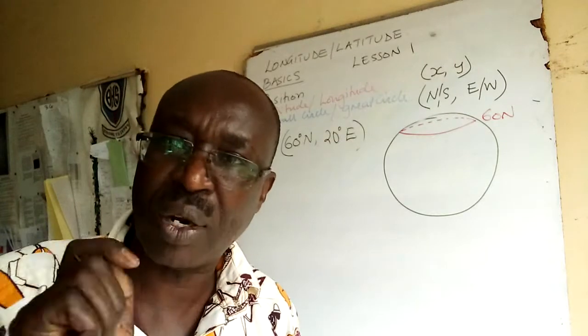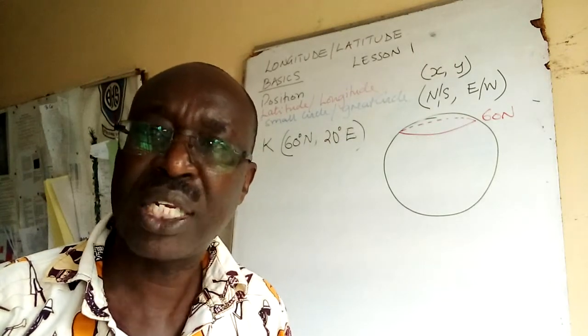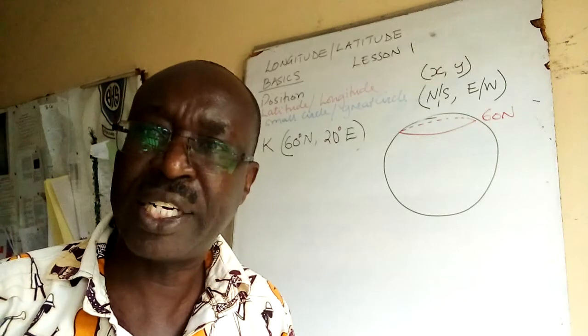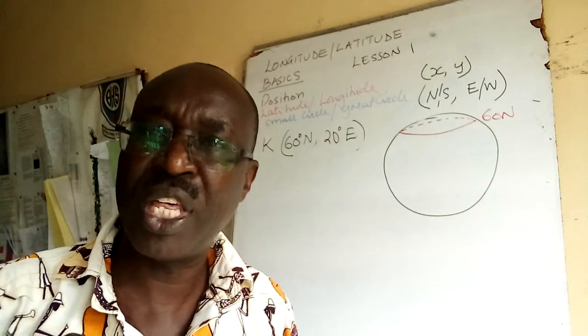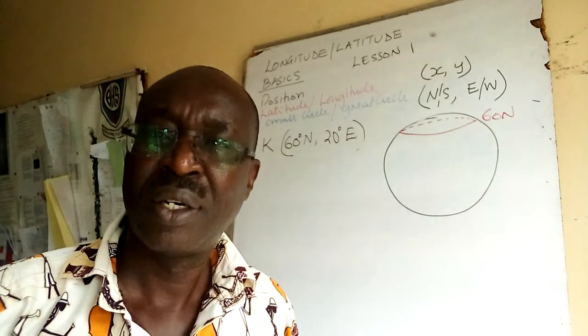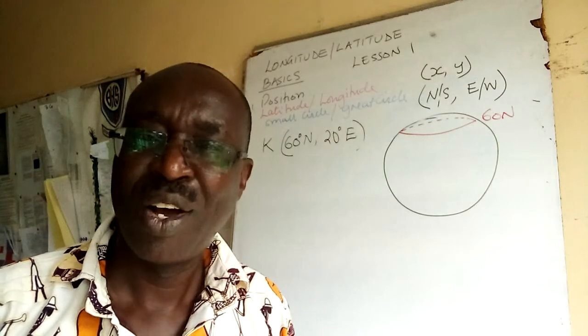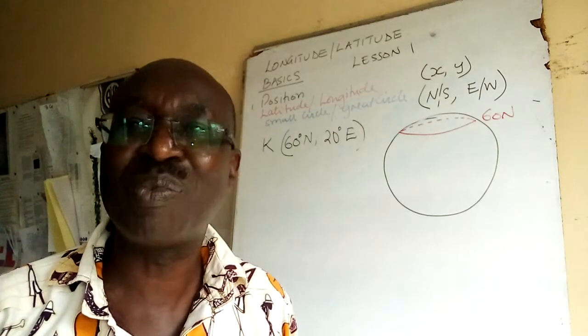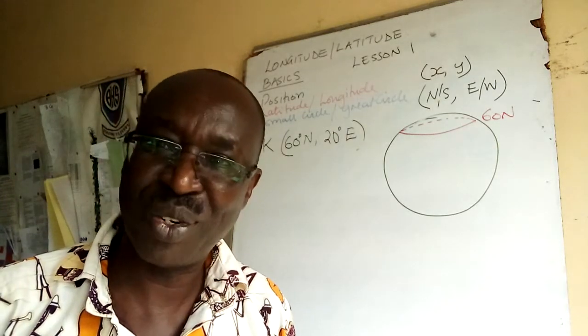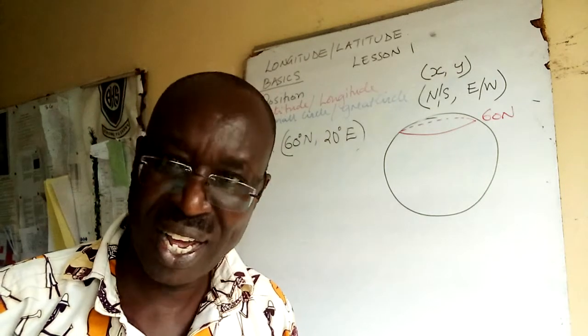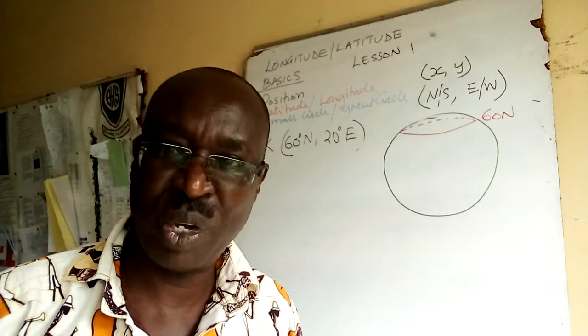This is a small circle, also known as a latitude. Latitudes are expressed with capital N or S. Of course, the equator is a special latitude which does not have N or S.